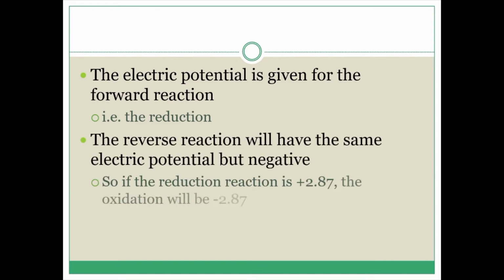For example, if you have a reduction reaction of plus 2.87 volts, the oxidation will have an electric potential of minus 2.87 volts. Again, we'll get into what those numbers actually mean later on. For now, it's a measure of how much energy the reaction needs, or how much energy the reaction gives up.